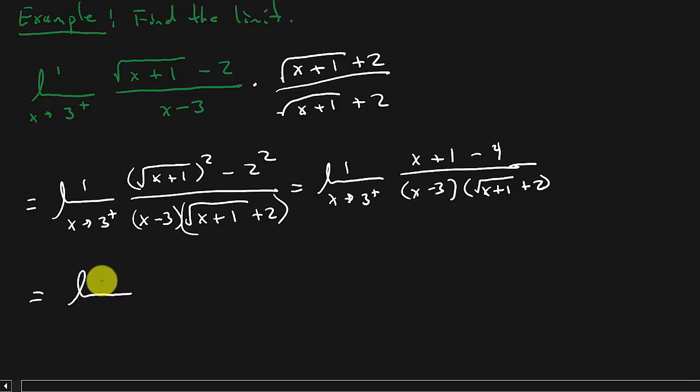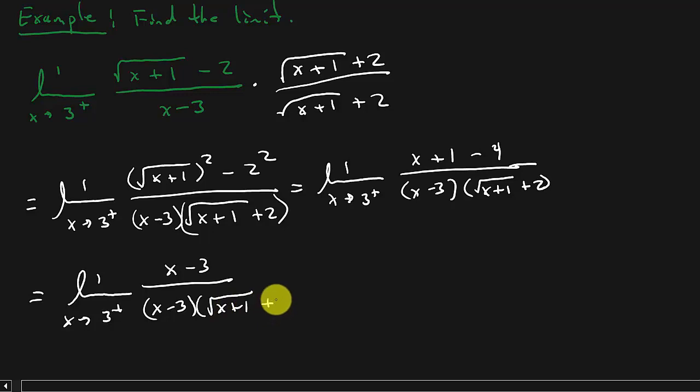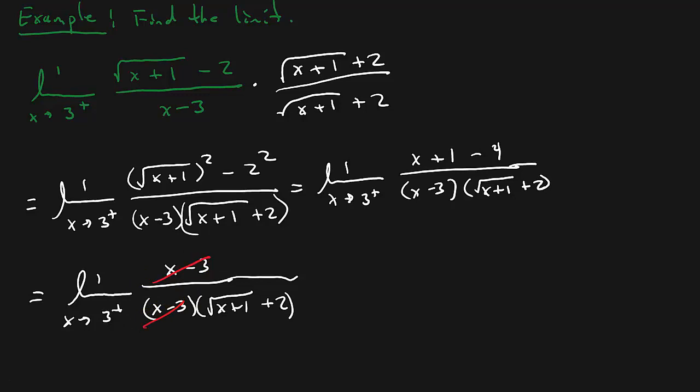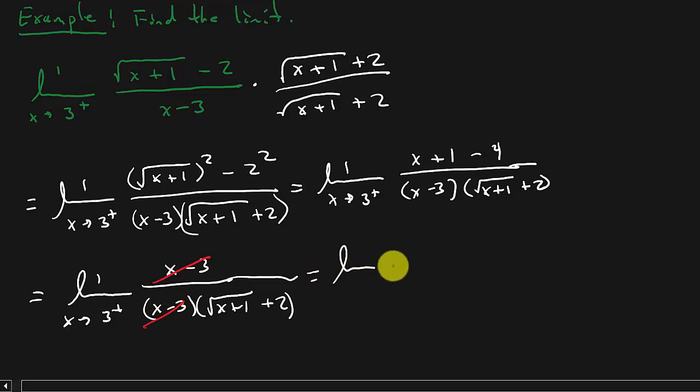And so this is the limit as x goes to 3 from the right of x minus 3 over x minus 3 times square root of x plus 1 plus 2. And look at that. You see there how the x minus 3's cancel? And so that's going to be the limit as x goes to 3 from the right of 1 over square root x plus 1 plus 2.